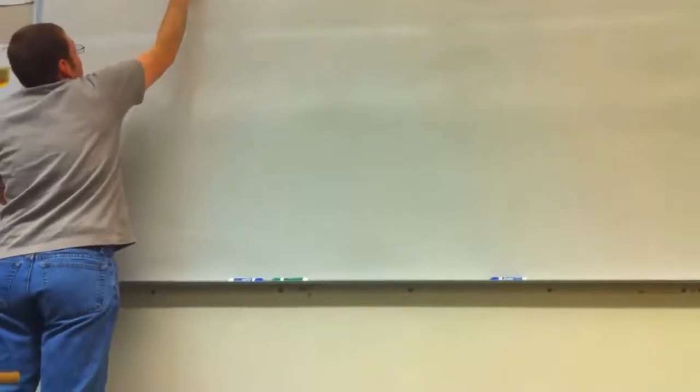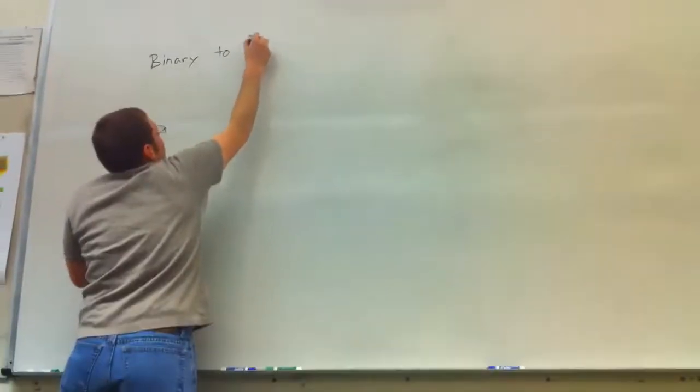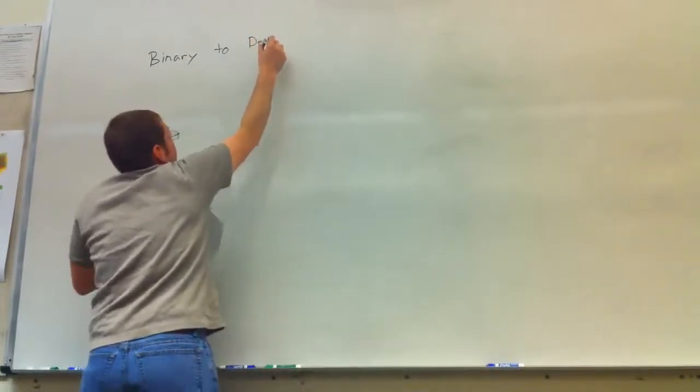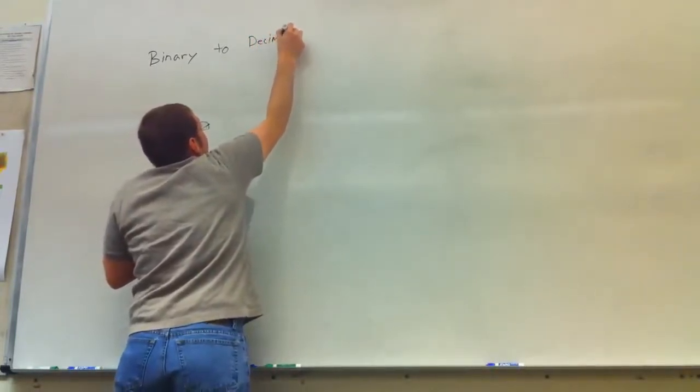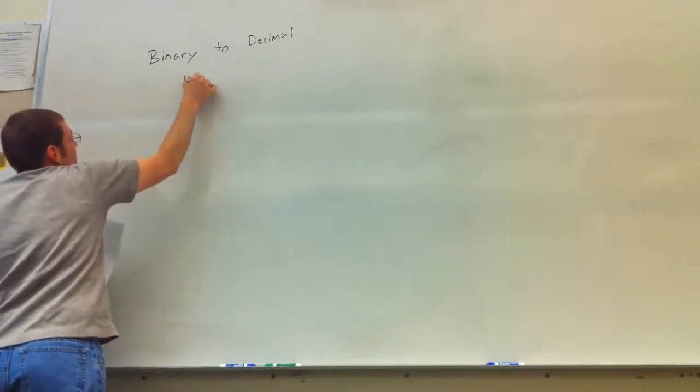Like I said before, there are other ways to do this. I do it this way because it's a universal way. So I'm just going to go with the number 14. So I have decimal 14.